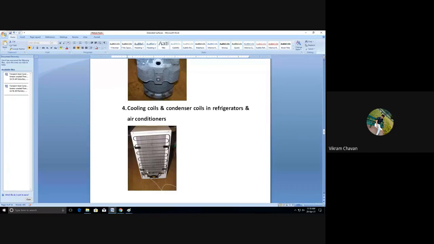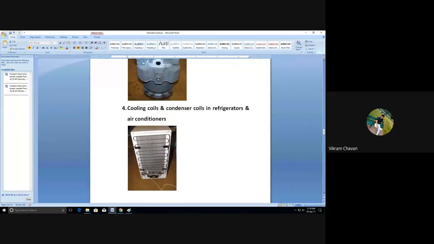Now we have to extract the heat from the refrigerator and transfer it to the surrounding. That is nothing but heat being removed from the system. That function is done by the condenser, which removes the heat from the system and transfers it to the environment.